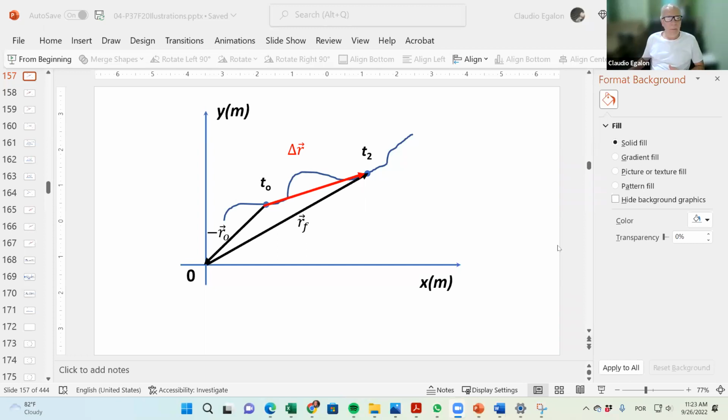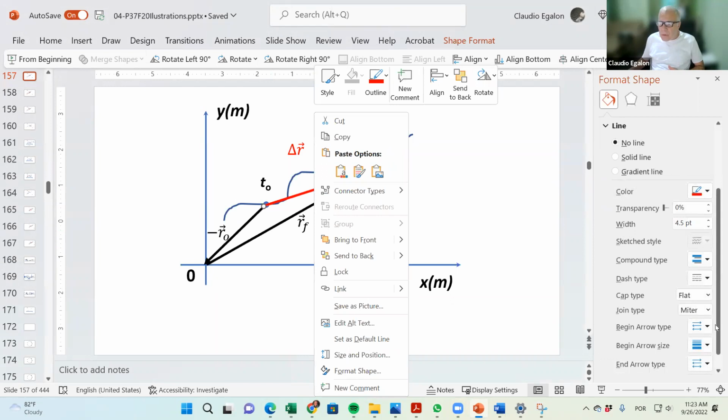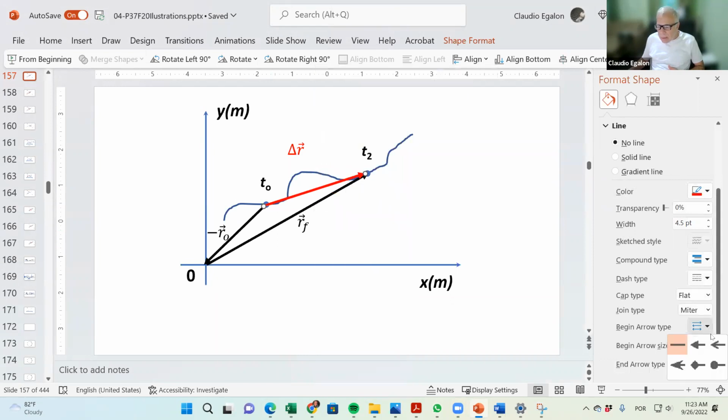Here you go. Now we have it. I don't like this arrow; I prefer this arrow here. See that? It's far easier to see than the other one. Let me change those arrows. What you see right in here is the minus R naught vector.